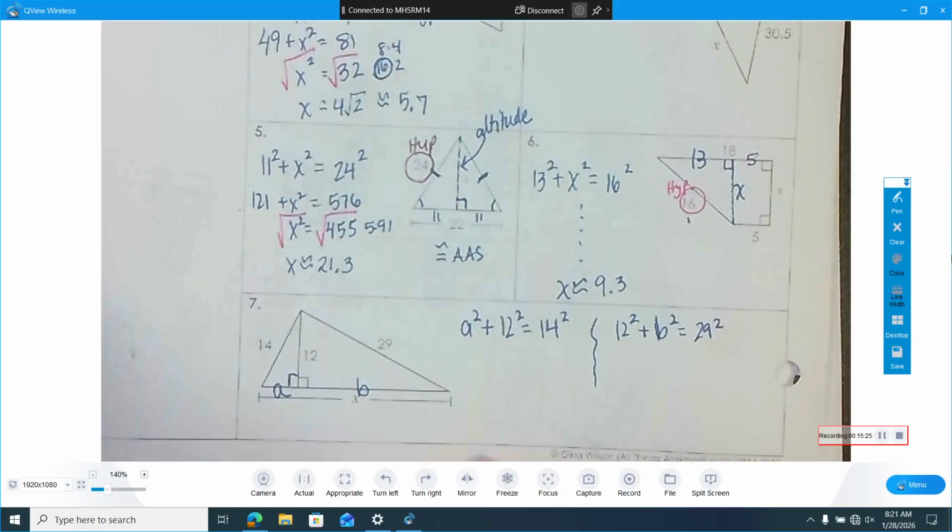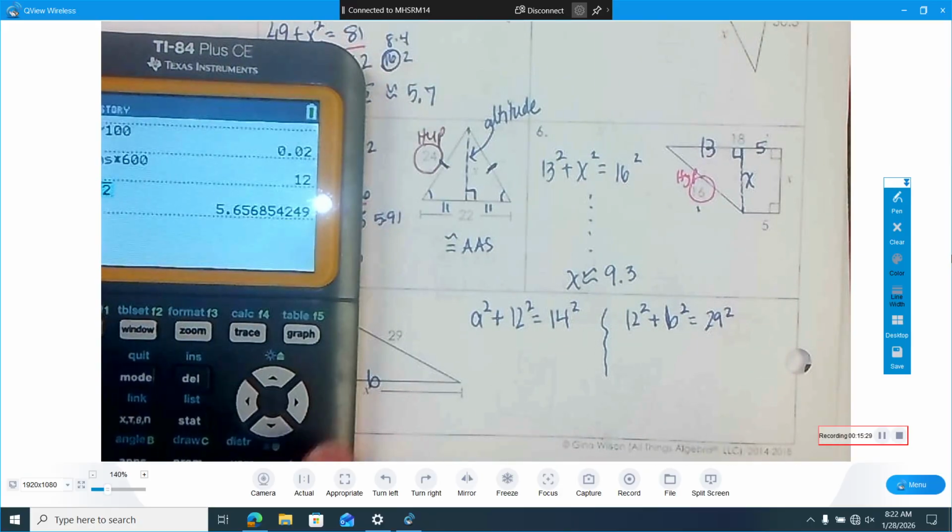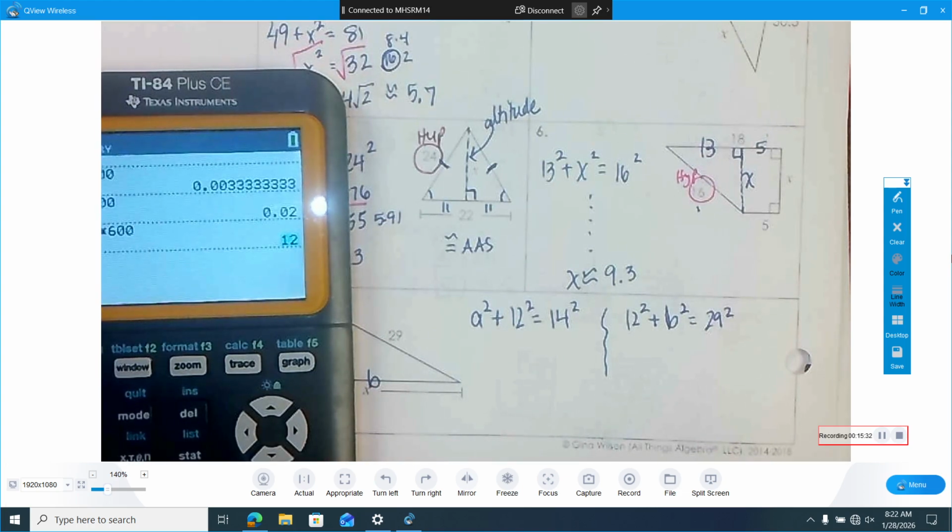All right, so we have two little equations that we can solve for, and let's see. Will you take a moment and go ahead and just do that for me? Okay.